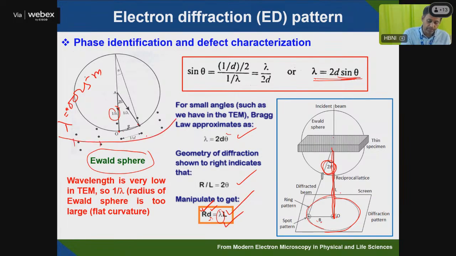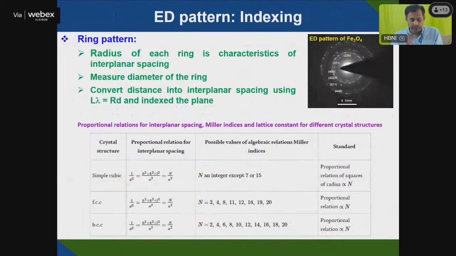So because of that, many points can be matched. So electron diffraction will give you much more information than X-ray diffraction, but the interpretation is quite difficult. That's why electron diffraction has not gained as much familiarity as compared to X-ray diffraction.